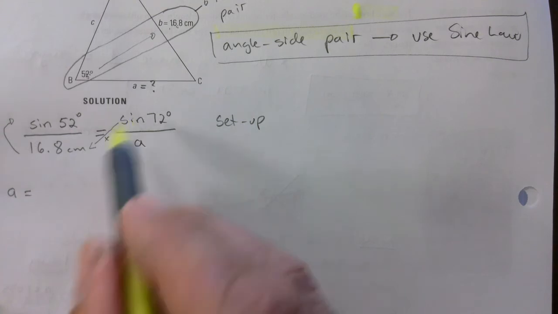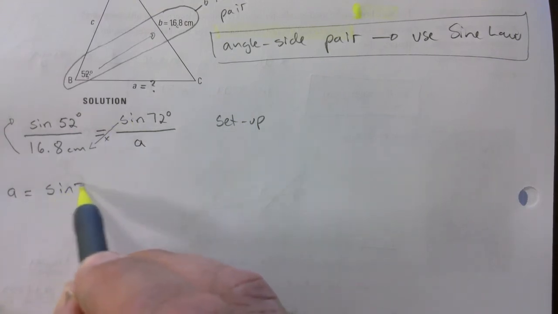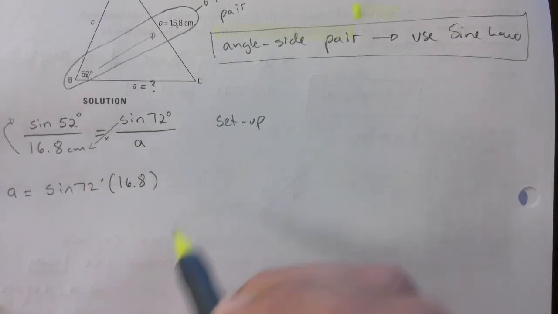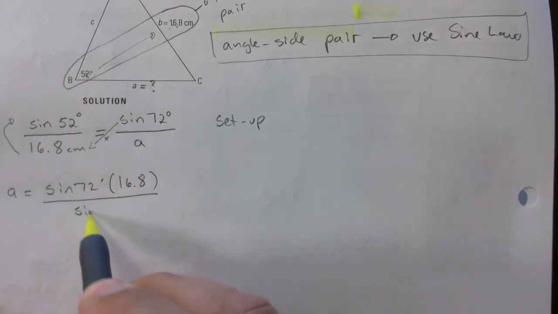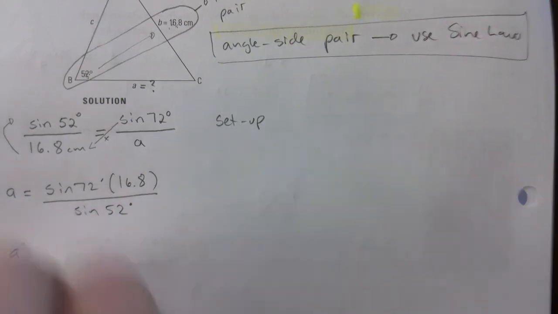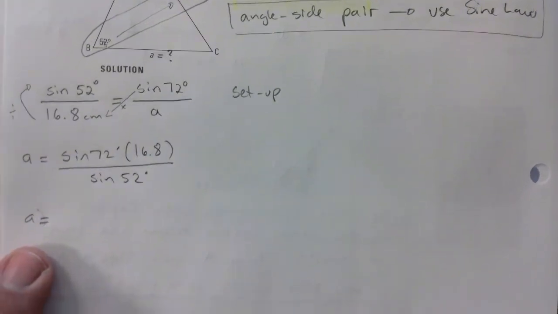So you're going to go A is equal to, I like to, let's go sine of 72 times 16.8 divided by sine of 52, just like that. And you have to be careful here with your calculator. A is equal to, we're going to figure that out.